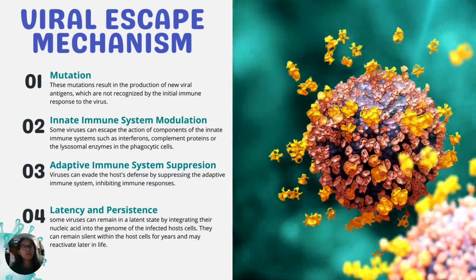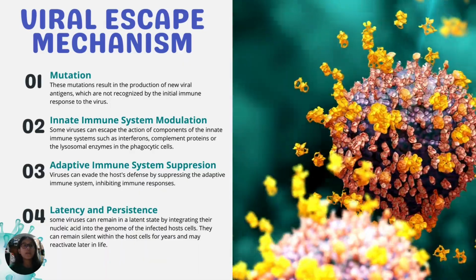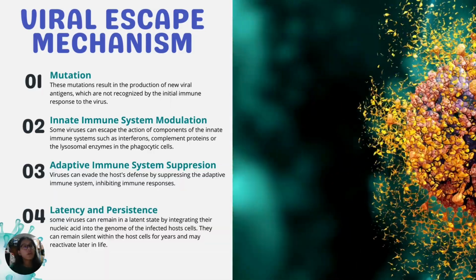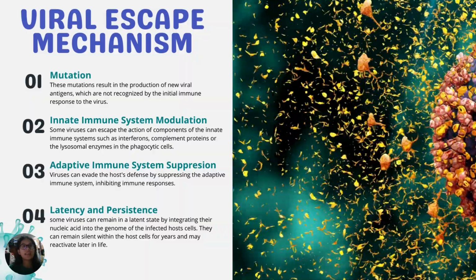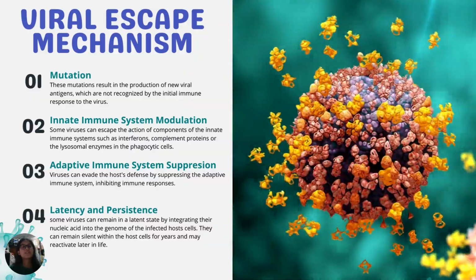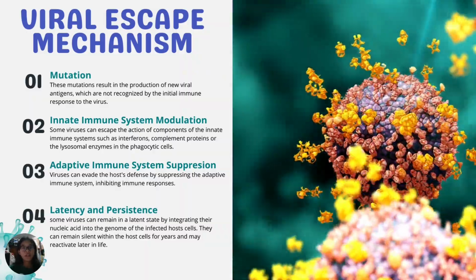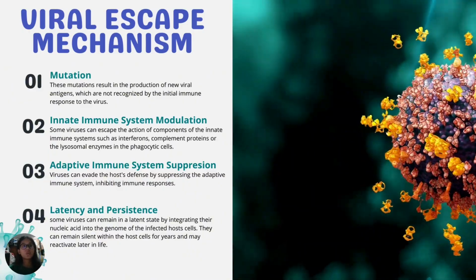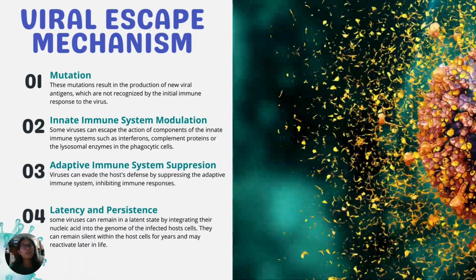So for the mutation, we all know that viruses are rapidly dividing agents that undergo frequent genetic mutation. And this rapid mutation allows the viruses to generate diverse variants, some of which may be less susceptible to immune recognition or antiviral drugs.